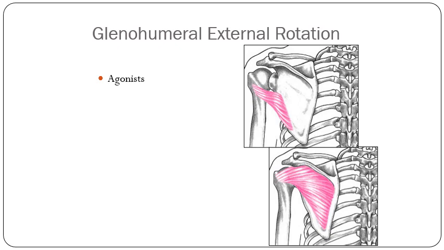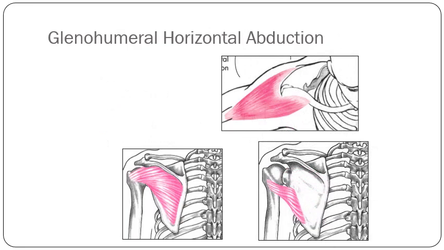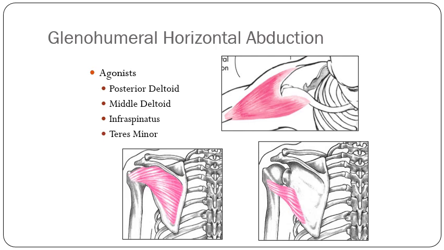External rotation: your agonists are the infraspinatus and teres minor. Both are going to attach posteriorly on the greater tubercle. And then glenohumeral horizontal abduction: your agonists are the posterior deltoid, middle deltoid, the infraspinatus, and the teres minor.